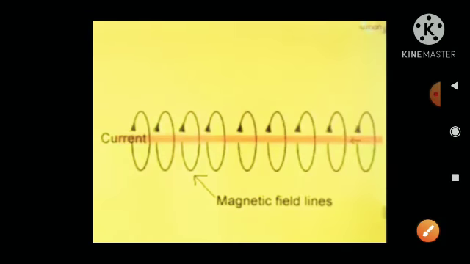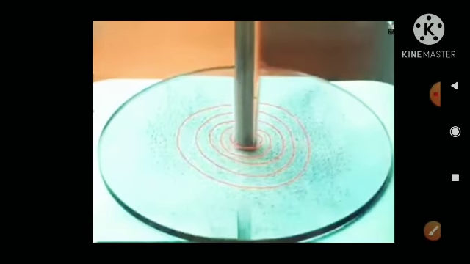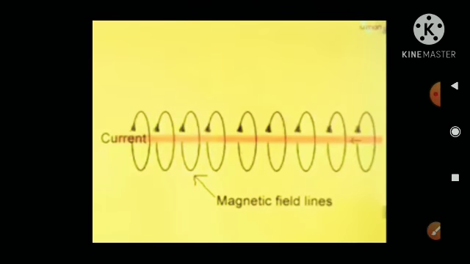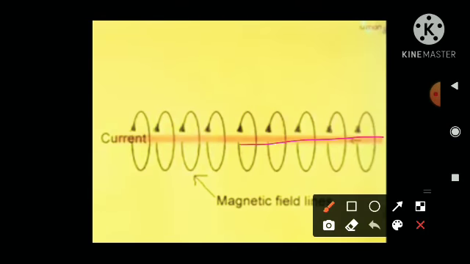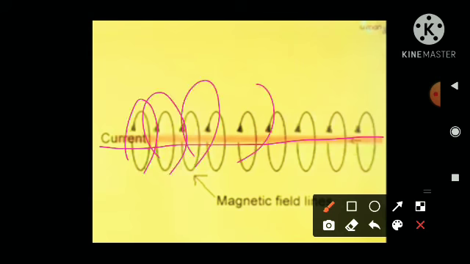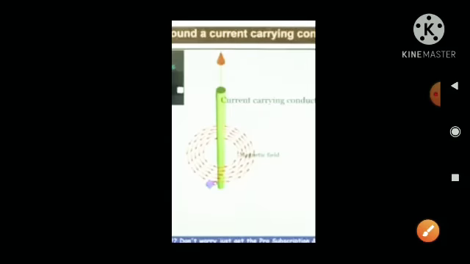So it looks like this. Here imagine a current wire, and the magnetic field lines look like this. This is a current carrying conductor, and we have to discuss whether it is directly proportional or inversely proportional.